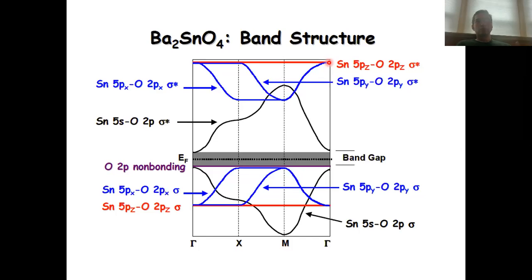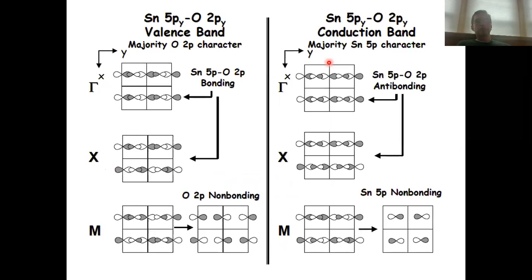All right, so what is left to do? Well, we have also the py interactions to consider. So for the band that has primarily oxygen 2p character, we determined that at point lambda, we have a bonding molecular orbital.